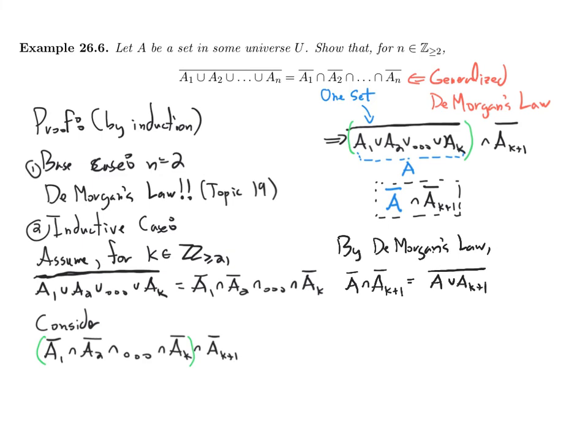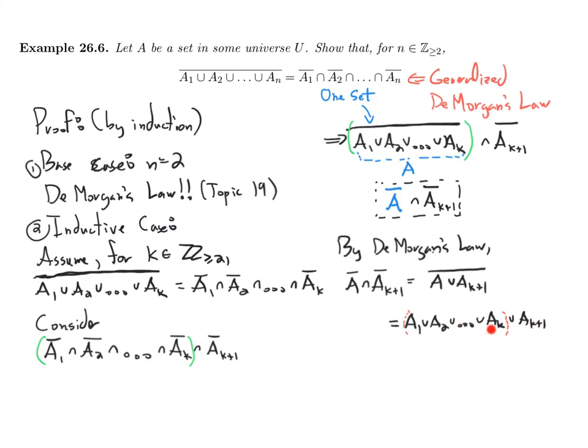But we know A is indeed A1 union A2 union, all the way to AK union A k plus 1. And remember, these are in brackets because we're thinking of this as one big set, but it's all unions between these.